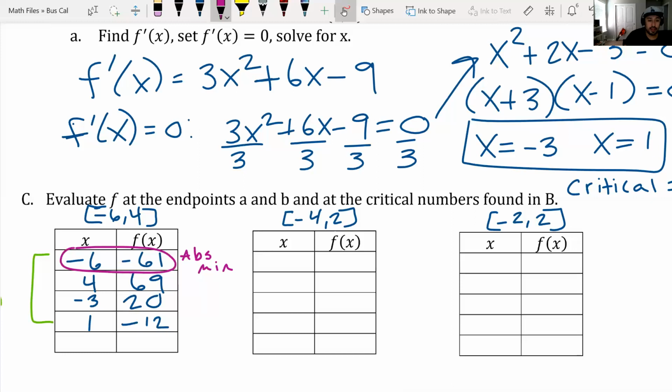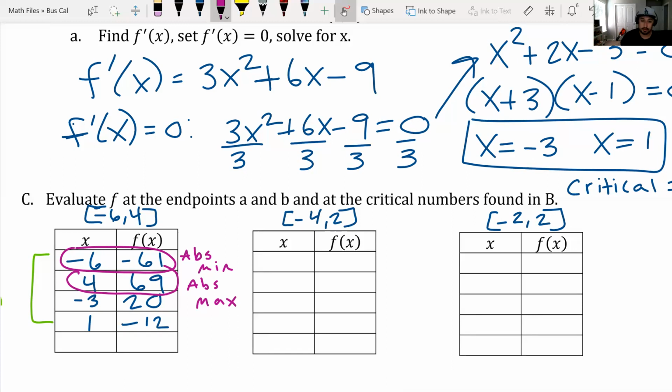Okay. And then look for the largest y value. The largest y value happens to be at 4 and 69. That will be my absolute max. That's it. That's all we're looking for.